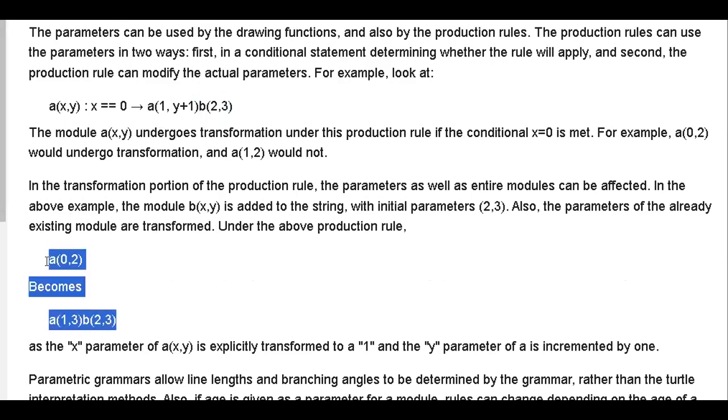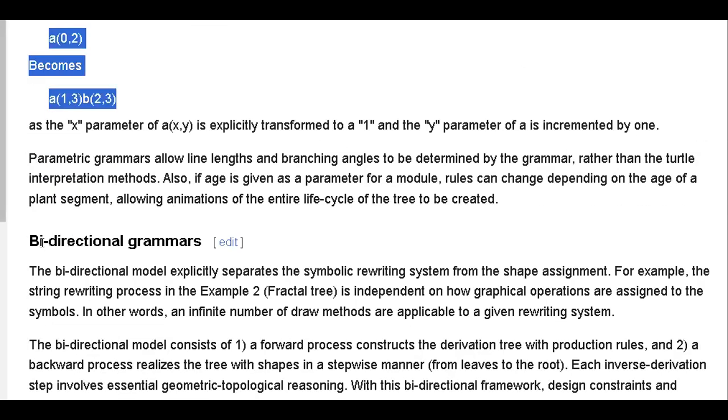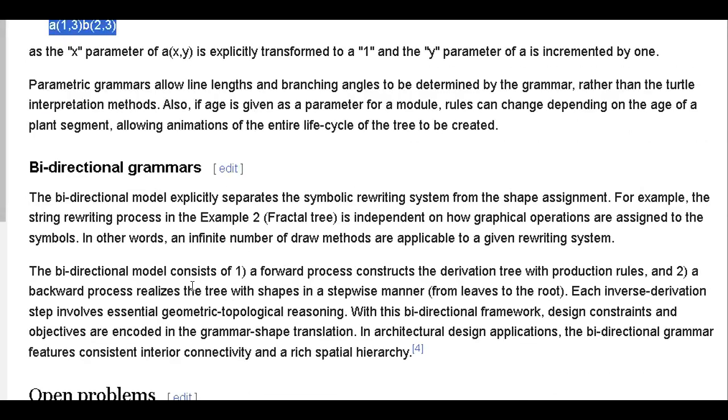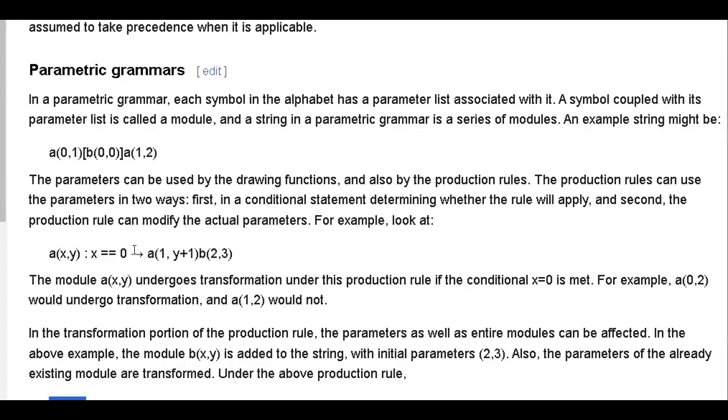So these are complicated. There's another grammar style, bidirectional grammars. I think this type of grammar is not that famous. I think these are very famous.